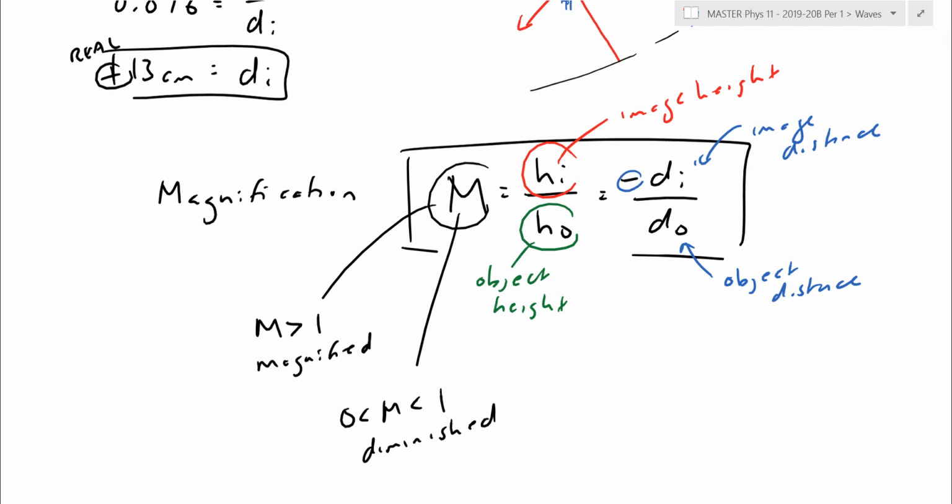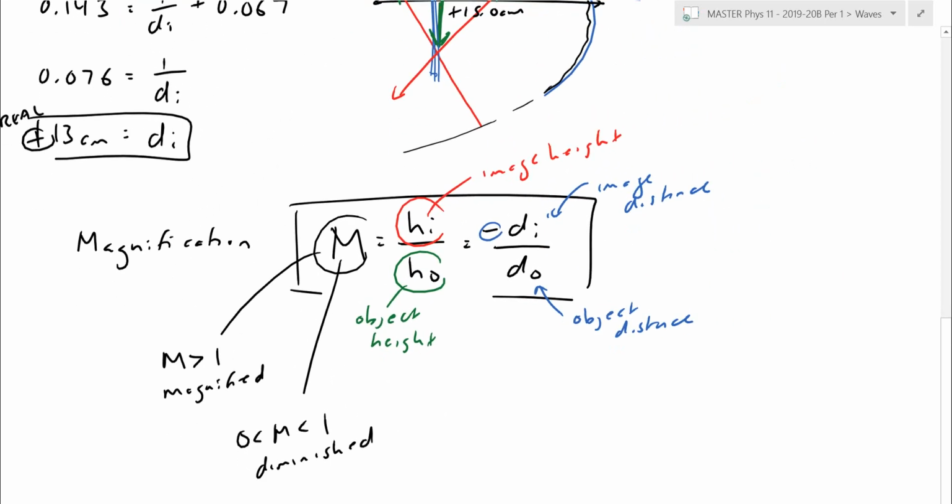Although the magnification has to be positive, we saw that hi sometimes is negative, ho is sometimes negative, depending on di and do. It's just by the time they do the ratio, they have to end up positive, especially if hi is negative. So let me just make this note here. Image height, if negative, it just means upside down, or the language we're going to use is it's inverted.